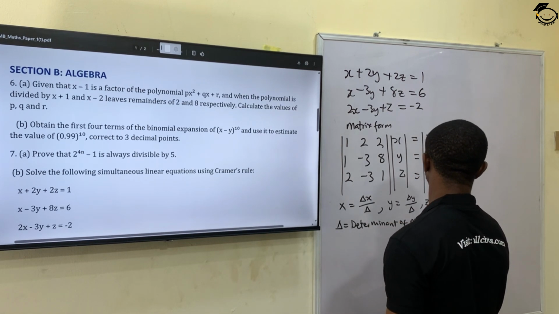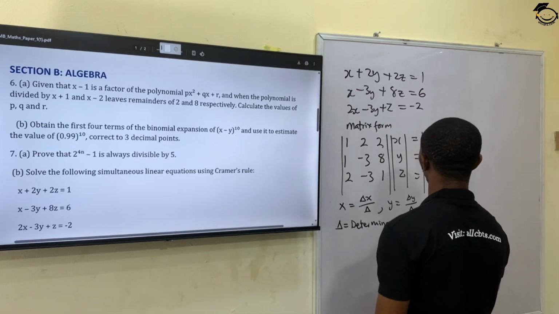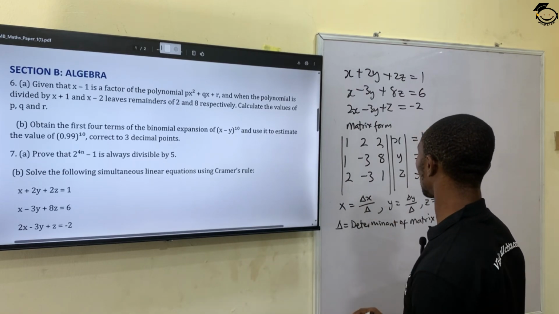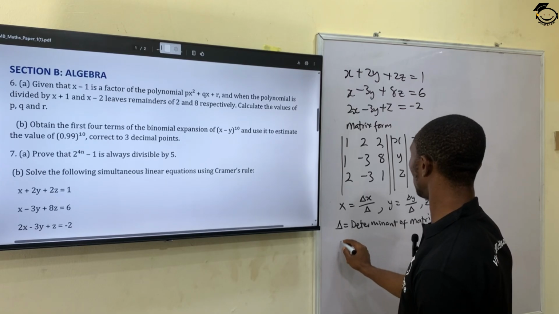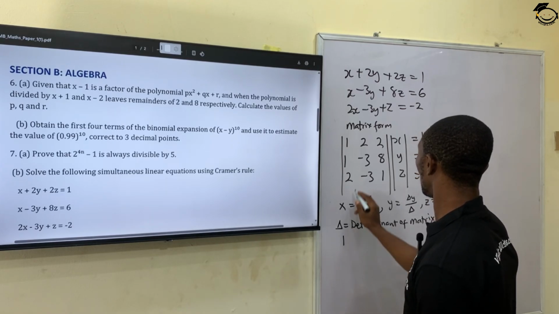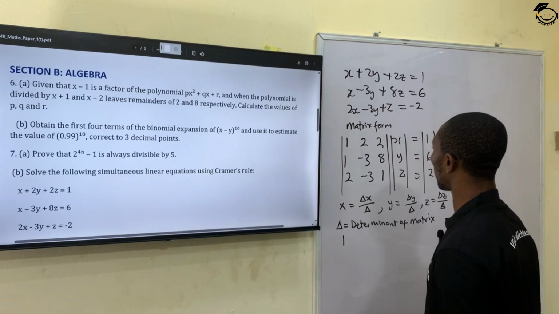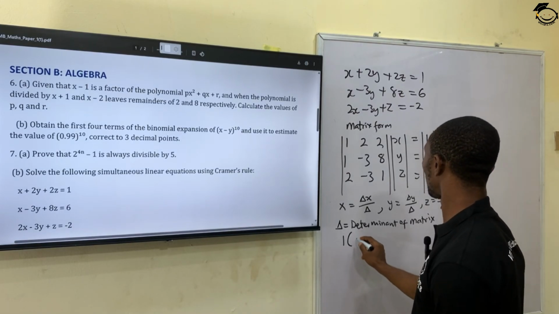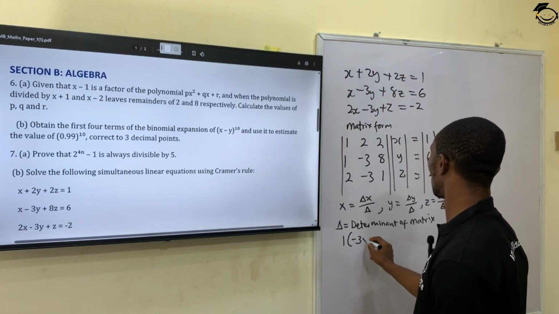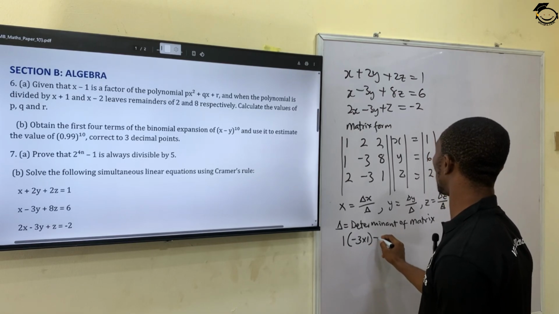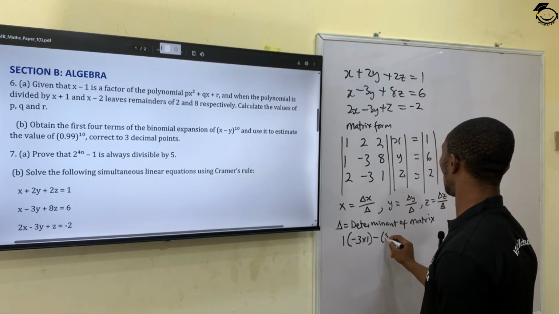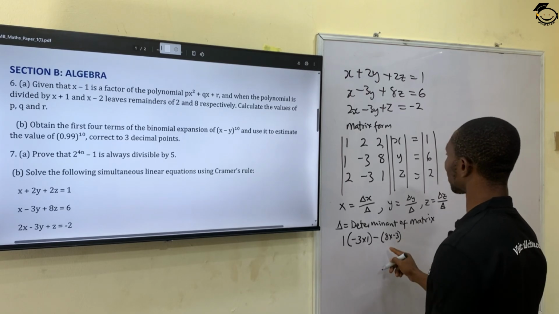Now, to find the determinant of our matrix, this is a 3 by 3 matrix, so we have 1 times minus 3 times 1 minus 8 times minus 3.